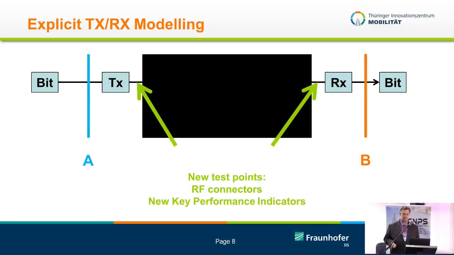We can now shed light into this black box by saying, okay, this is an electromagnetic radio communication system. So we put there a transmitter and we put there a receiver. What's in between is still unknown, but now we get a couple of new test points at the transmitter and the receiver, and therefore we also get some new performance indicators that we can test.